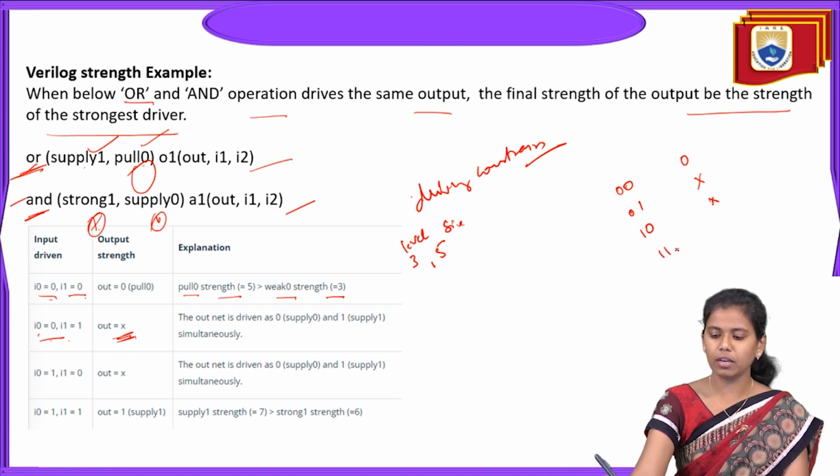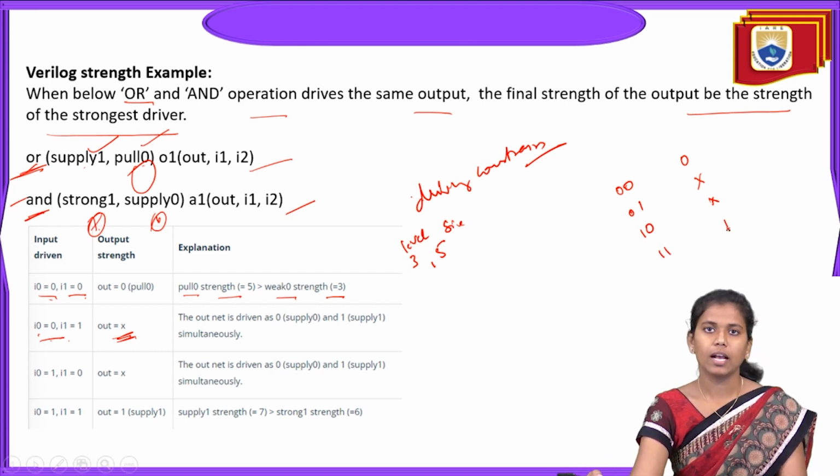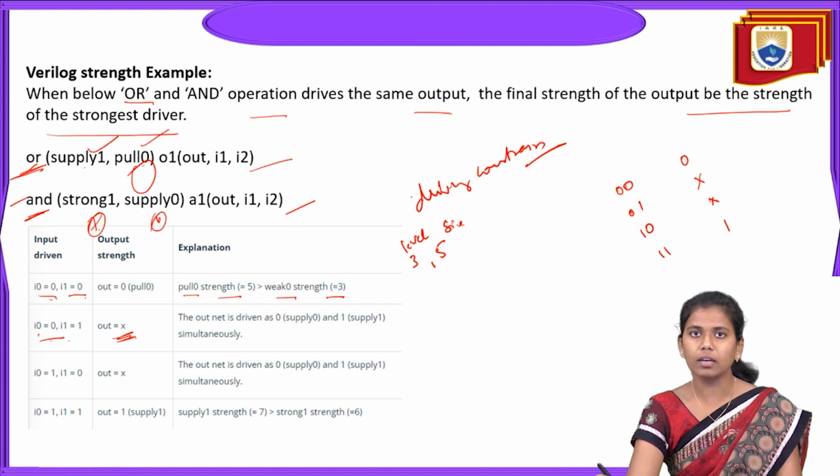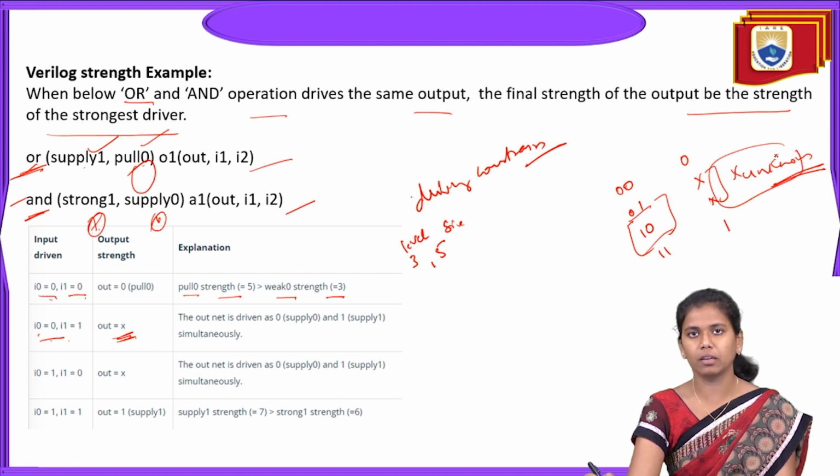And if it is 1, 1, the output strength is 1. As I said, when both inputs, that is 0, 1 and 1, 0, are simulating simultaneously, obviously the output goes to unknown values. So this is what we have observed in this particular example.